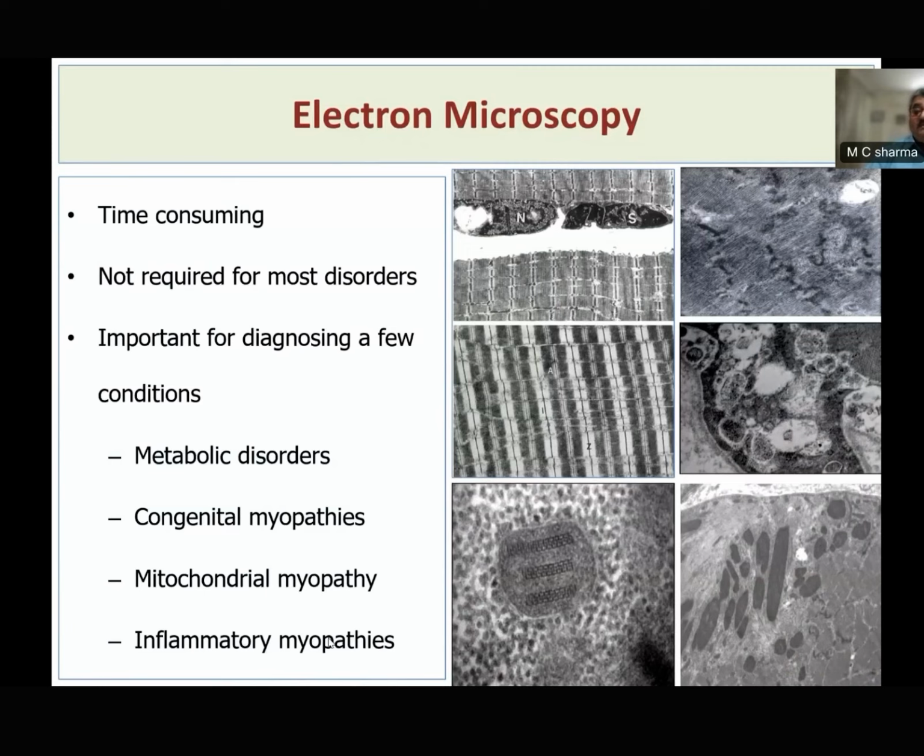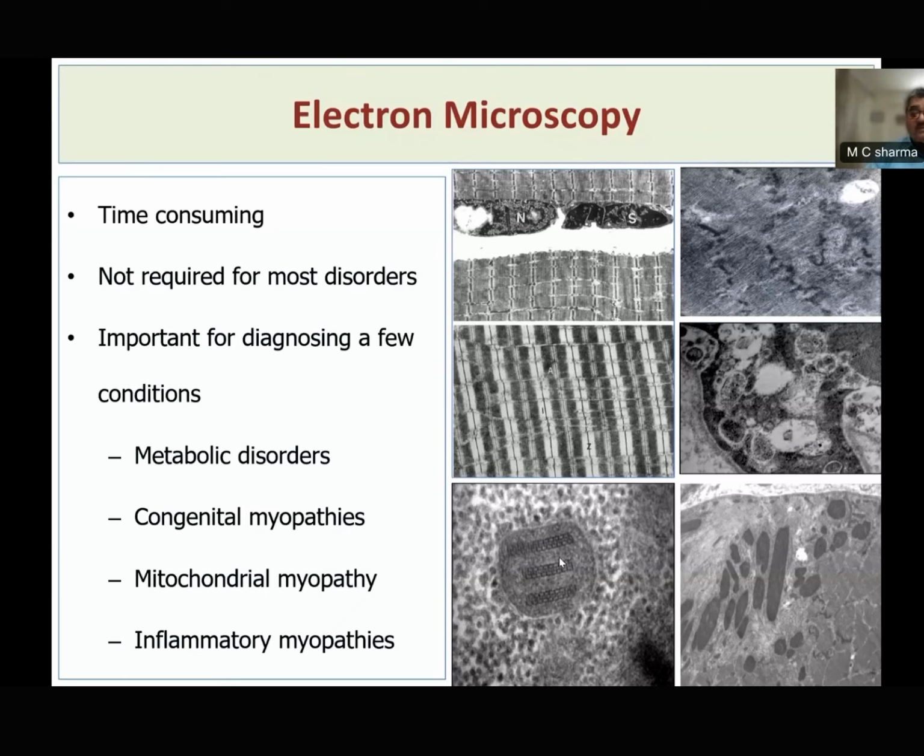These are some examples. Many times we get the question of the role of electron microscopy in muscle diseases. So these are the broader categories where muscle electron microscopy is very, very useful.